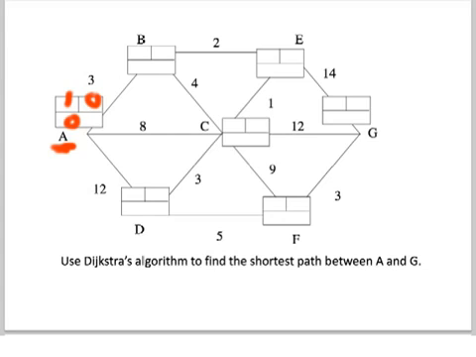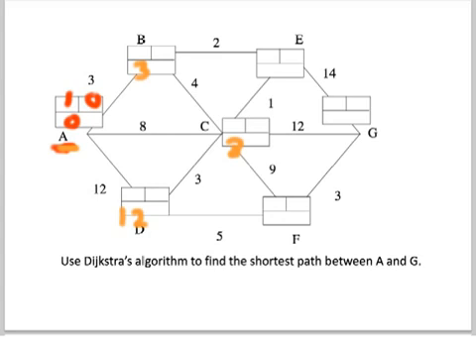So that's pretty straightforward. Now the first thing we do, from node A, we look at the distances to the nodes that connect it. So that one's 3, that one's 8, and this one's 12. And I put the workings down the bottom because they are temporary workings. Now what we do is we choose the shortest.